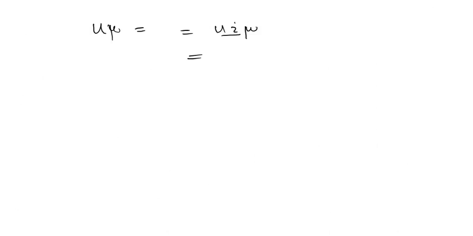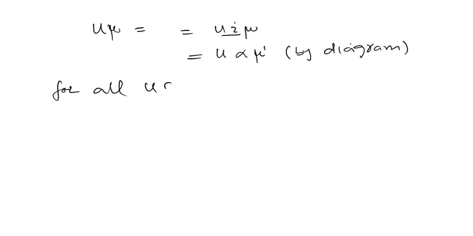So it is equal to U alpha mu prime by diagram 1. So U mu is equal to U alpha mu prime. This is true for all U belonging to U.